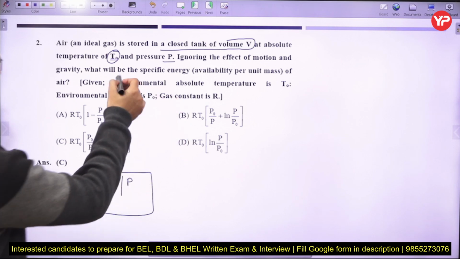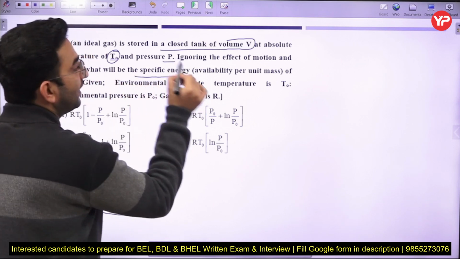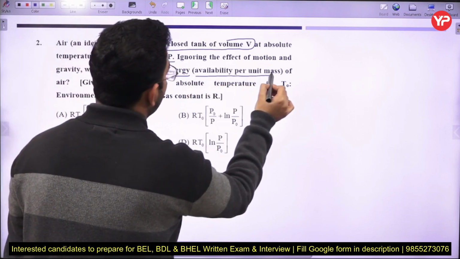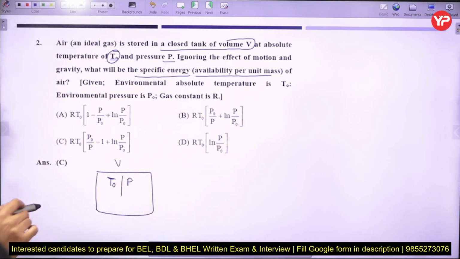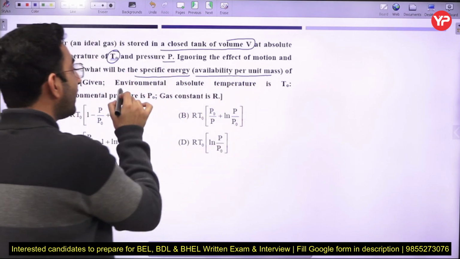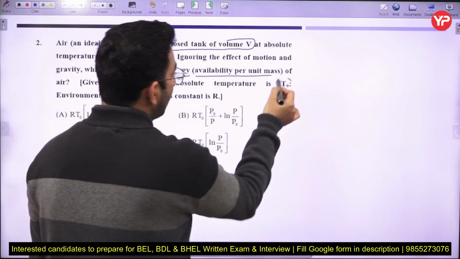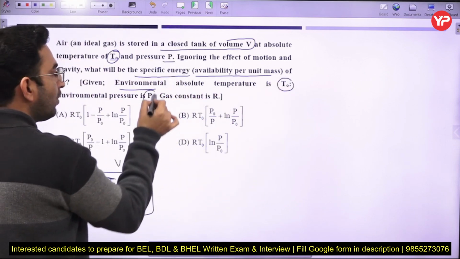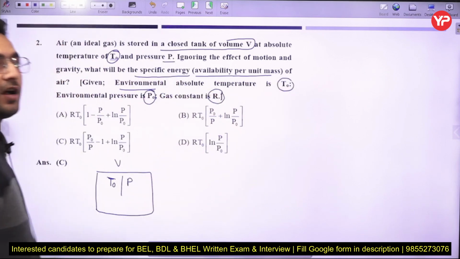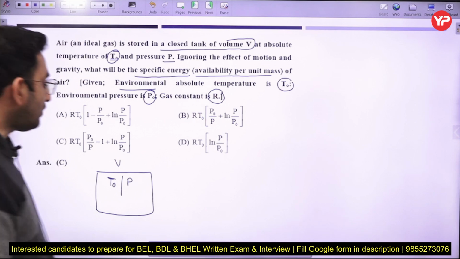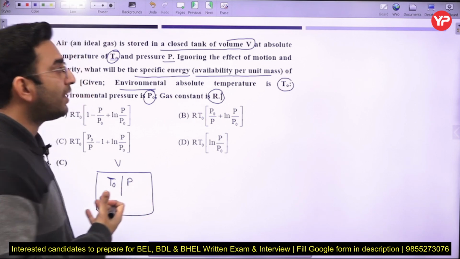We have to calculate the specific energy, that means the availability per unit mass of air in that case. You have also been provided with the environmental conditions, that is T0, P0, as well as the gas constant R. Now just see how to calculate the availability.